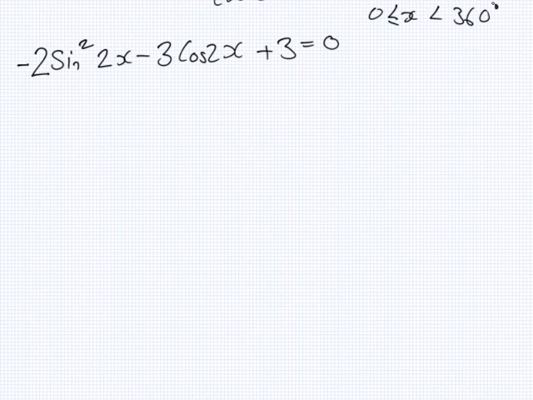Okay, this is much more difficult to solve now, but let's have a look at it. The first problem is that we shouldn't mix sine and cos. It's too difficult. We have a sine squared here and a cos here. But we know how to change this into cos squared, which will be better. That's what we'll do.